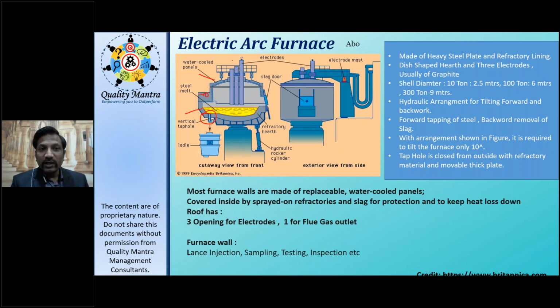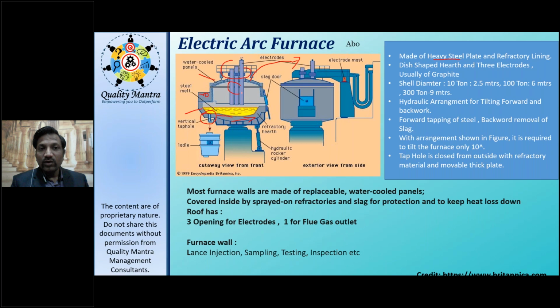The roof is totally removable, it can be removed completely. Clear? And it is made of heavy steel plate. Now what is inside the steel plate? Refractory lining, which withstands higher temperature as well as the molten temperature and erosion by the molten metal.